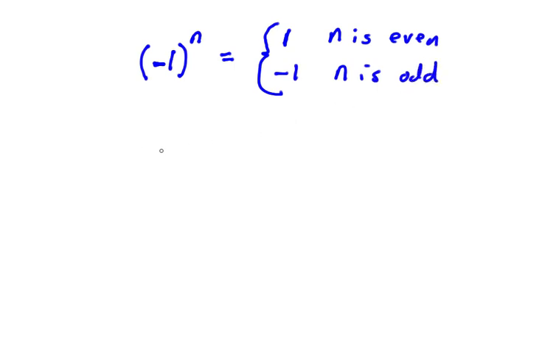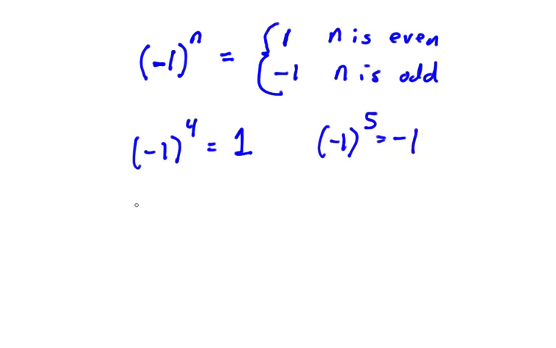So negative 1 power 4, because 4 is even, gives me 1. And negative 1 power 5 will give me negative 1 again, because 5 is an odd number.